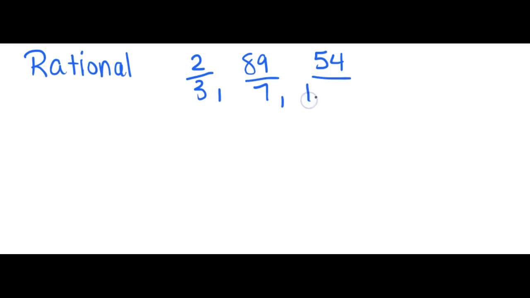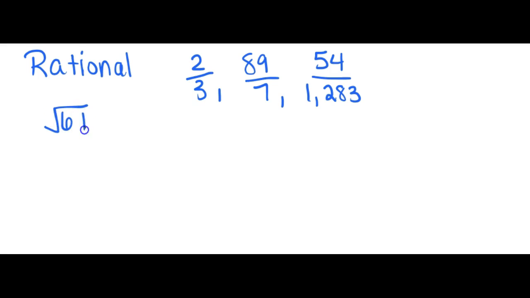Like I said, one of the first things, it can be a fraction. For example, 2 over 3, 89 over 7, 54 over 1,283. These are all fractions. They are all rational. Okay, perfect squares.